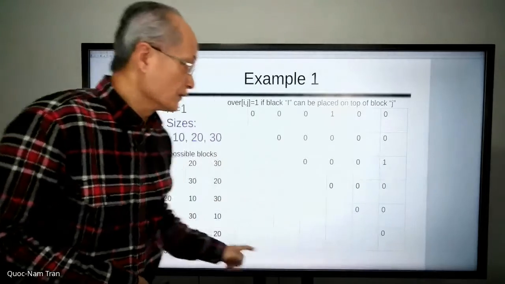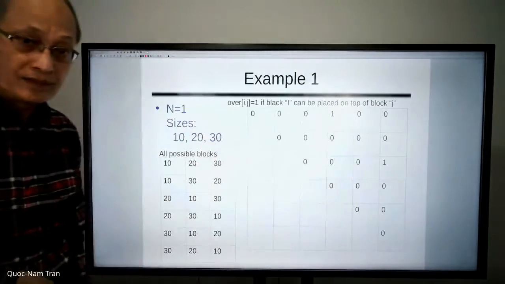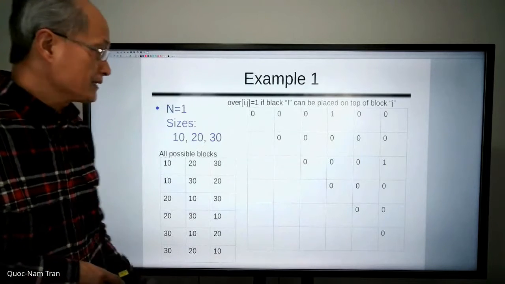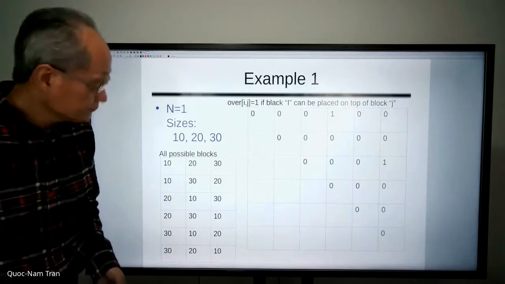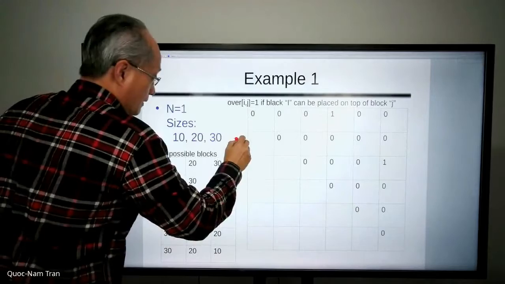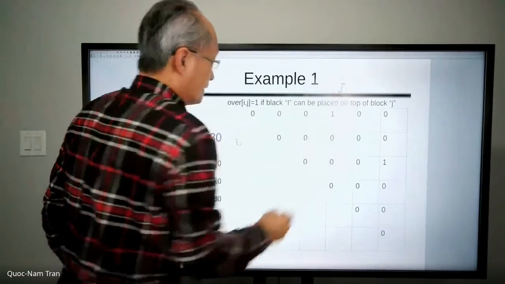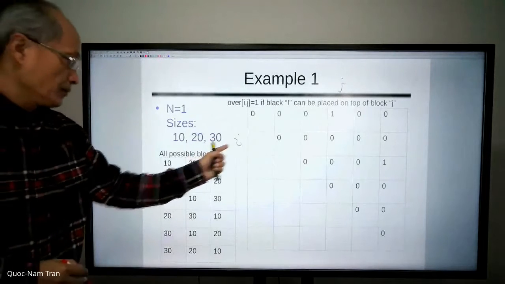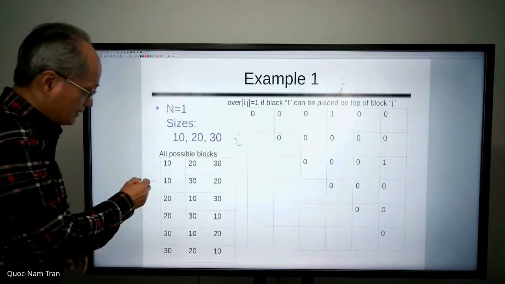So here are the results we have. For the table over, at row I and column J, it means that the block I, here I is 2, right?